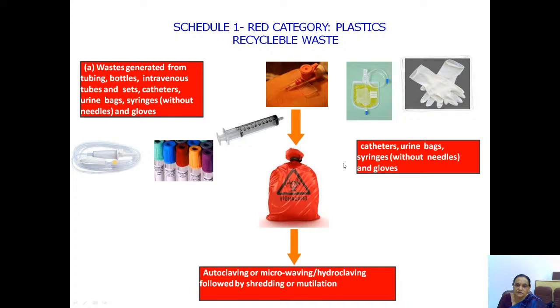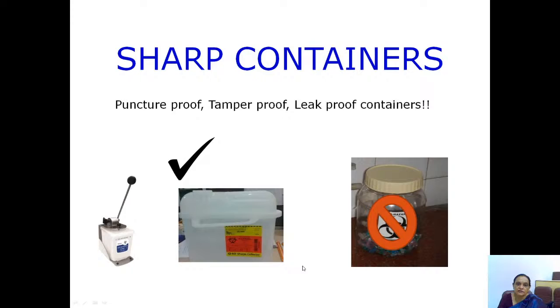So all the plastic, which is a lot in the hospital, goes into the red bin. And this red bin can be treated by autoclaving or microwaving. Hydroclaving is also a type of autoclaving. And then once that is autoclaved, it is subsequently shredded and can be recycled.